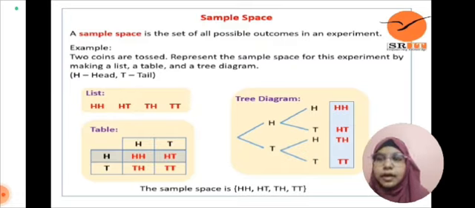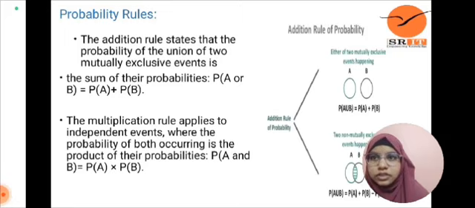Table, head, tail. We get the resultant sample space as head, tail, comma, tail, head, comma, tail, tail.